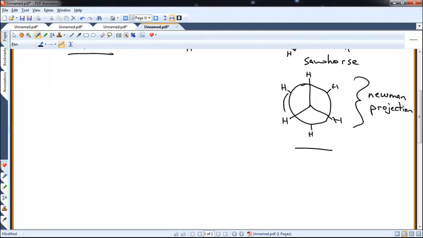Okay. In this particular position, the bond angle between these guys is 60 degrees. They're relatively far apart, and specifically we call this the staggered position, S-T-A-G-G-E-R-E-D, staggered, meaning the groups are far away from each other.